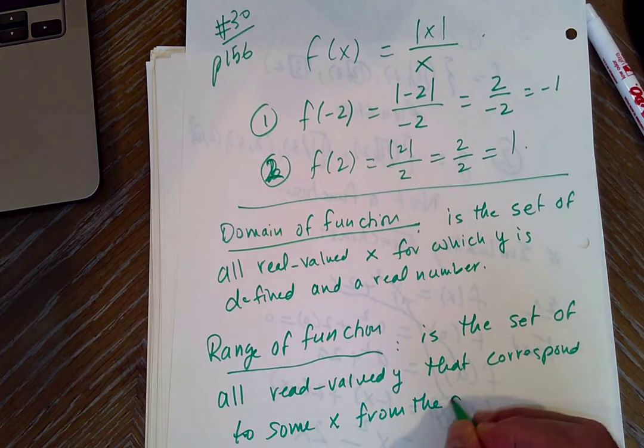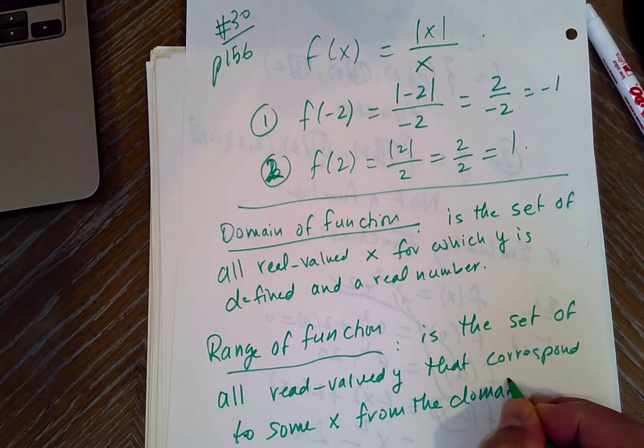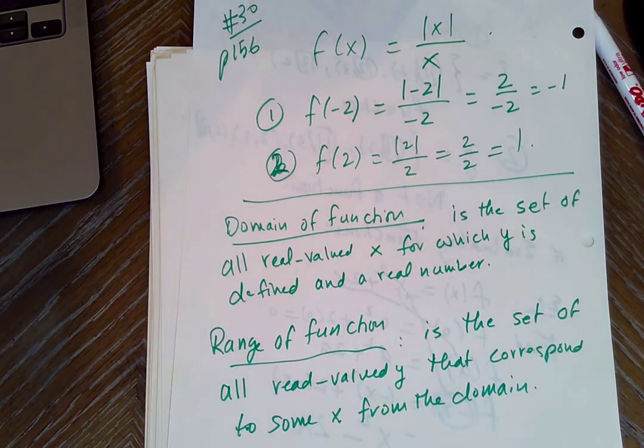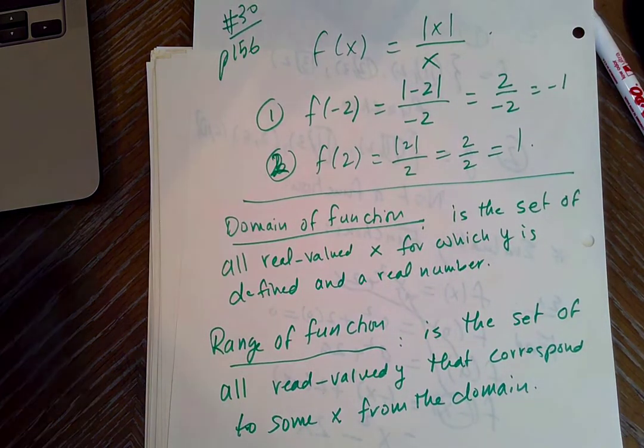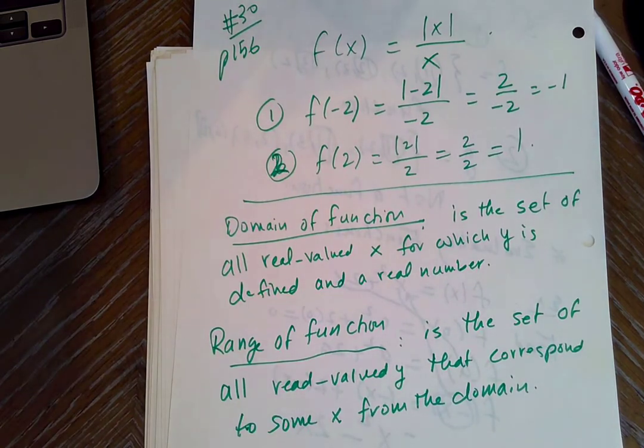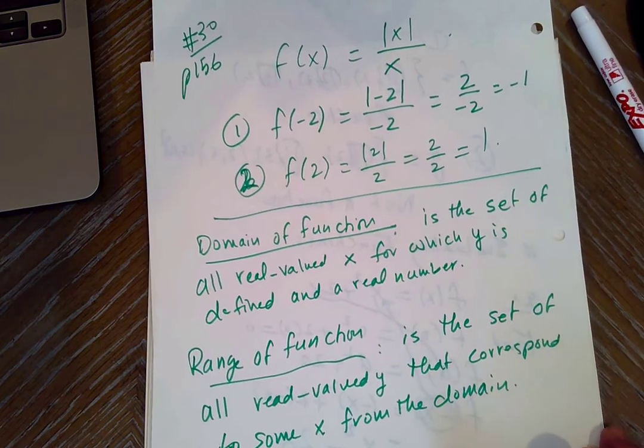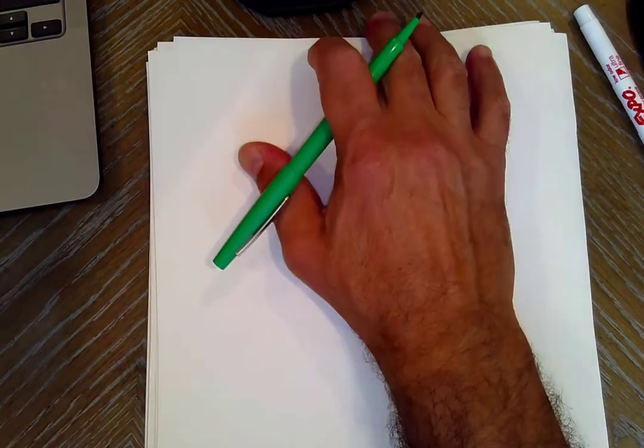So a y value will be in the range as long as it's paired with an x value from the domain. If you cannot pair the y value with an x value, then it's not in the range. It's what we call in the codomain. Okay, so to be in the range, a y value must be paired with an x value from the domain.